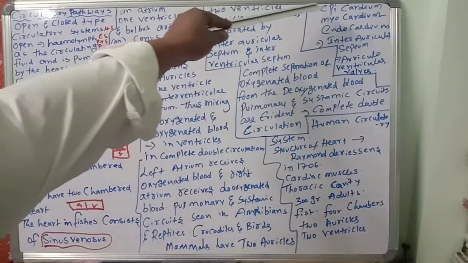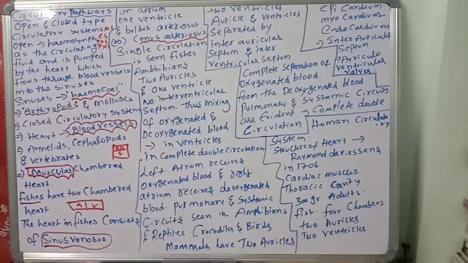The heart is covered by epicardium, myocardium and endocardium. The auricles are separated by the interauricular septum, and the ventricles by the interventricular septum. In between the auricles and ventricles there are walls called auriculoventricular walls. Tomorrow we will discuss the complete details of the human circulatory system and the internal structure of the heart.